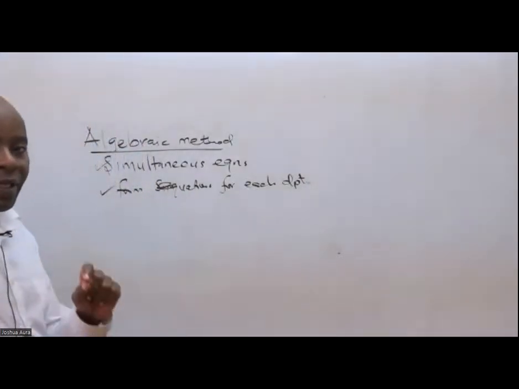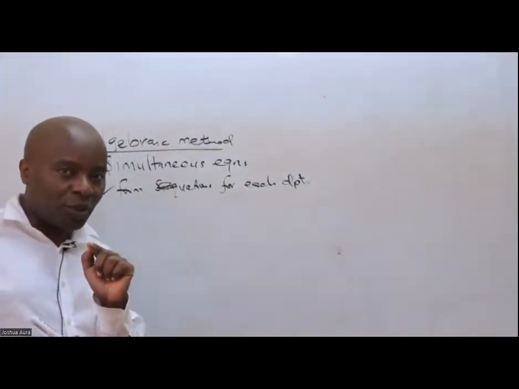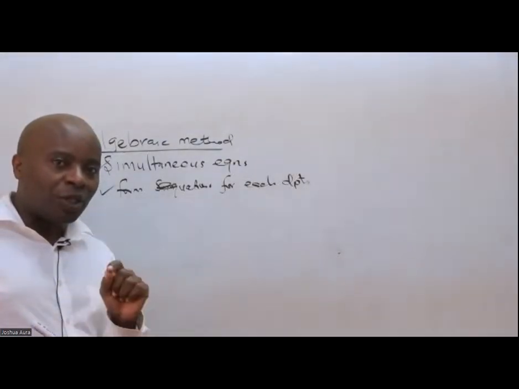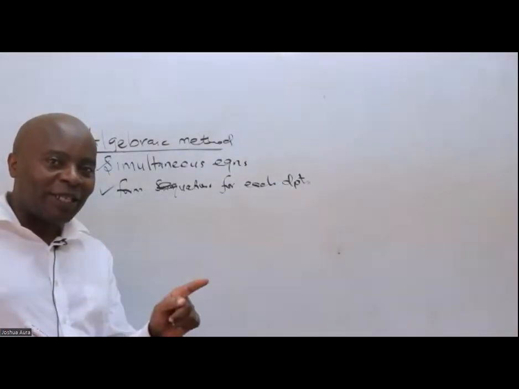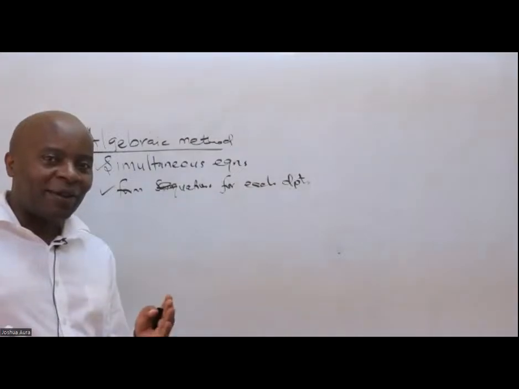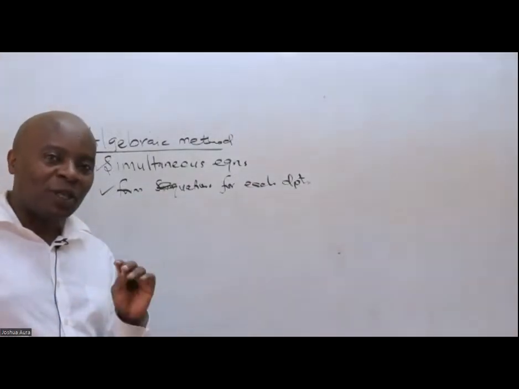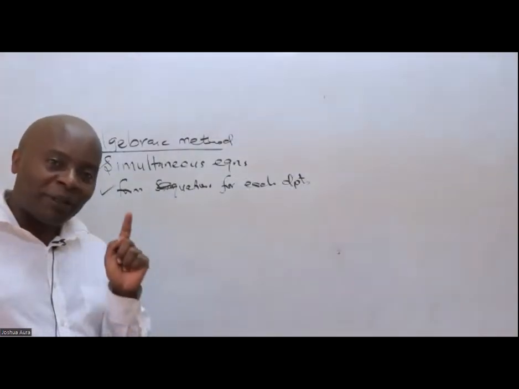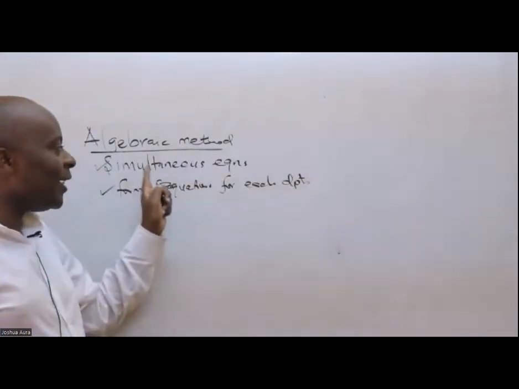Each service department must have its own equation. So we are going to have an equation for the canteen, which is a service department, and another equation for the maintenance department. Each service department that you have must have an equation.